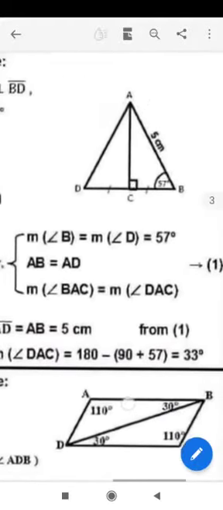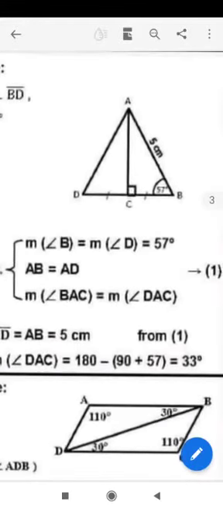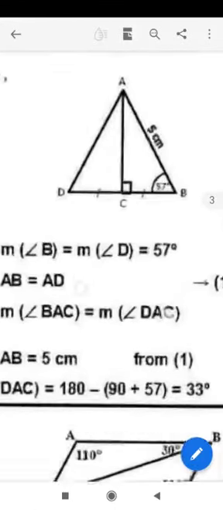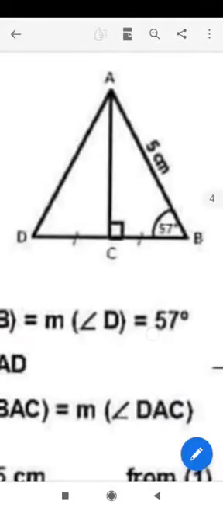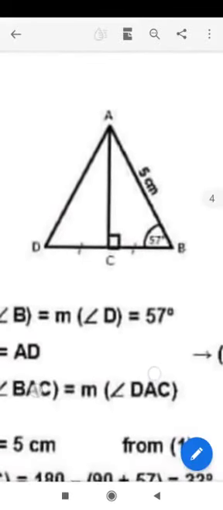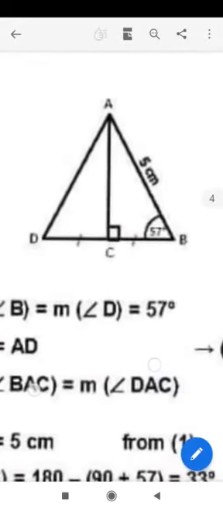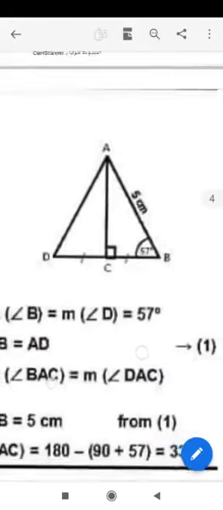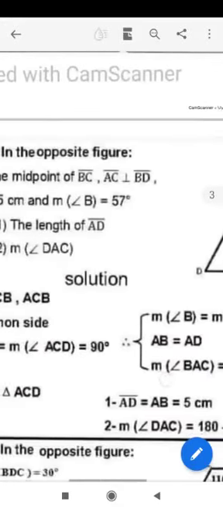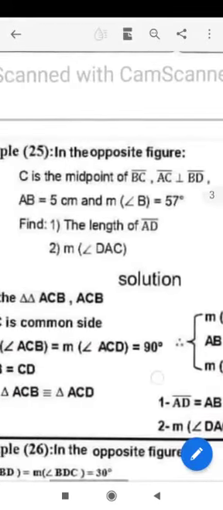Again, C is the midpoint of BD, it means BC equals CD, and the angle ACB equals 90, or AC is perpendicular to BD. We want to find the length of AD.